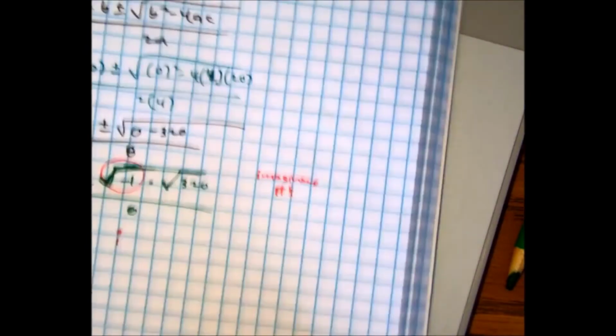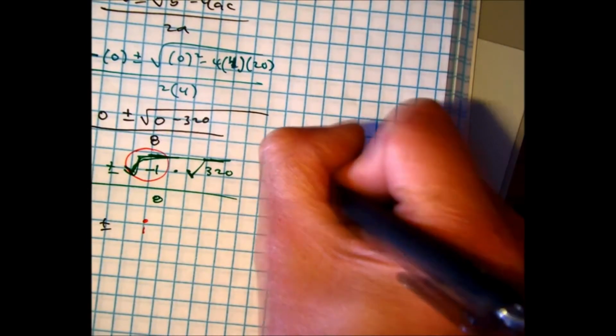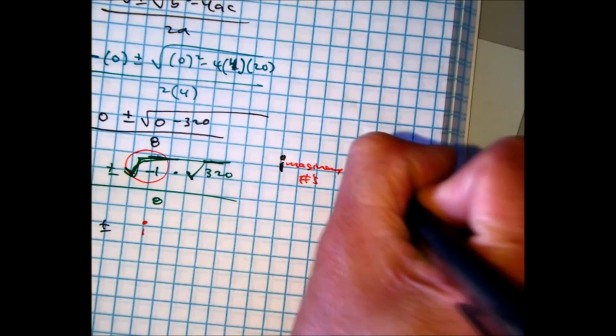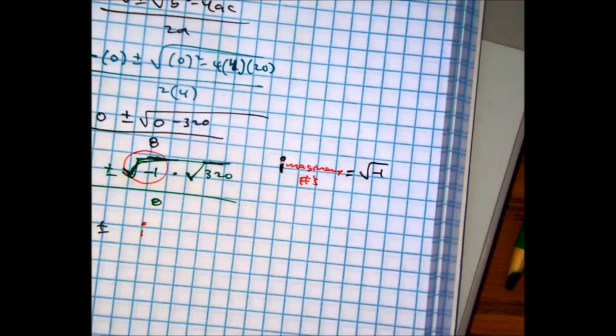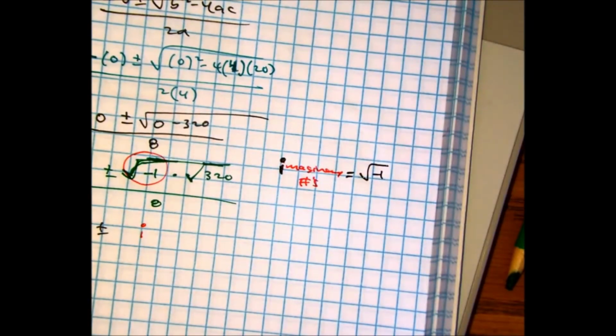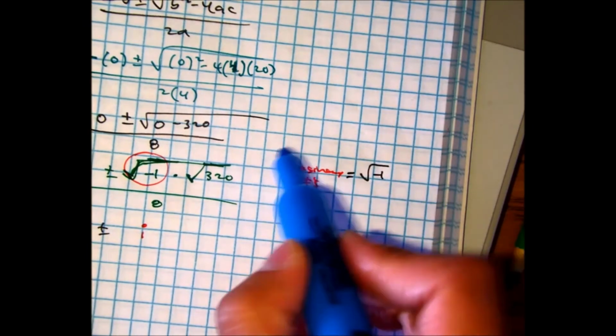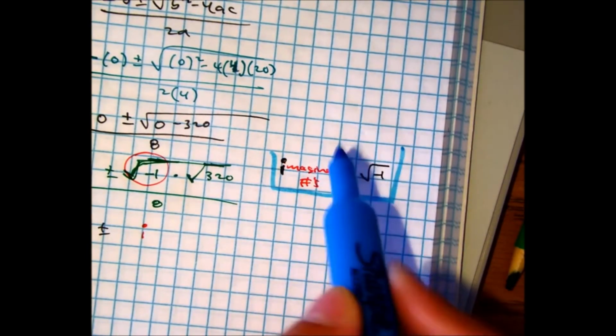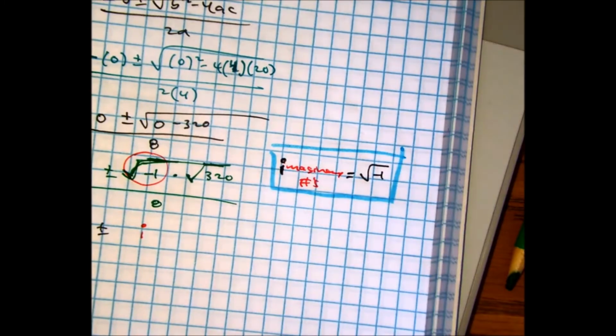Imaginary numbers use I equals the square root of -1. Write that down. Raise your hand if you knew that before I gave you the tip. Thank you for paying attention in Math 5.